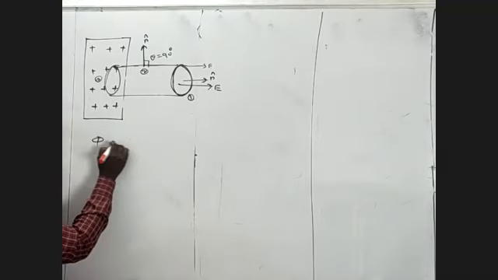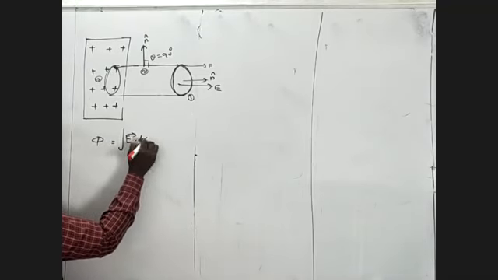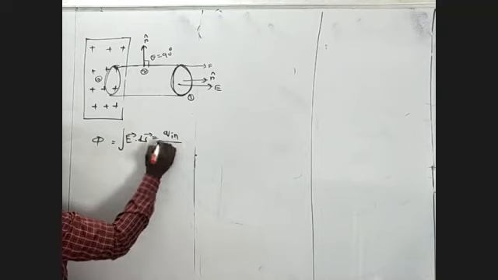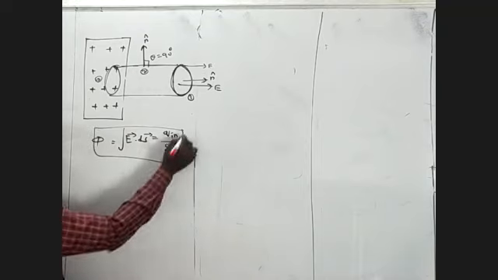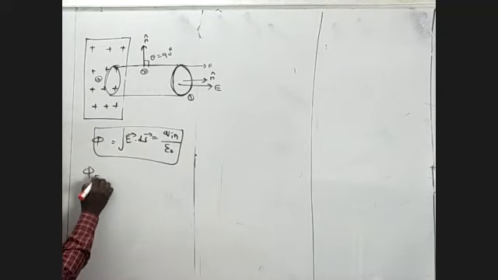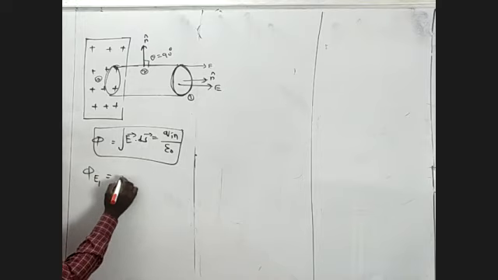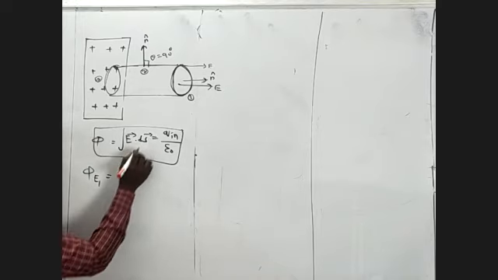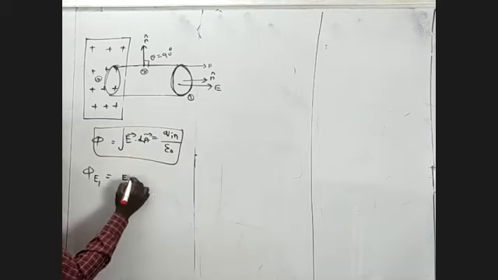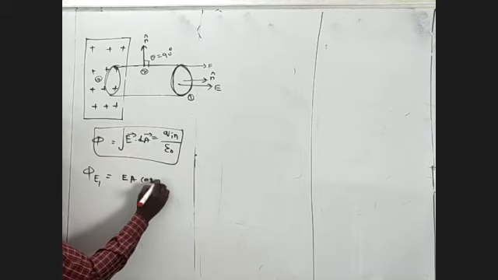Now flux is equal to the integration of E bar dot dS bar, which is equal to Q inside by epsilon naught. First, phi 1 at this plate: E1 is equal to E. You can take E A cos 0.